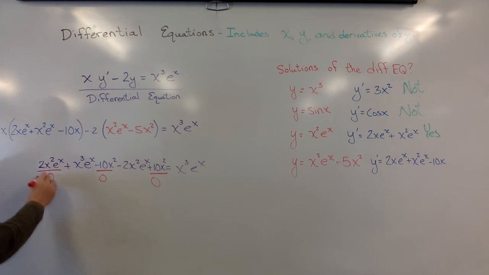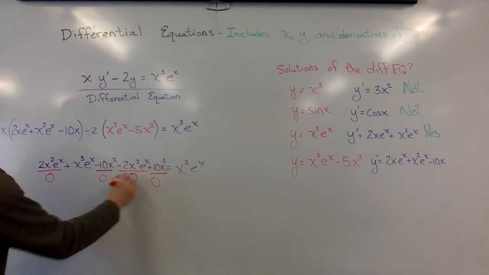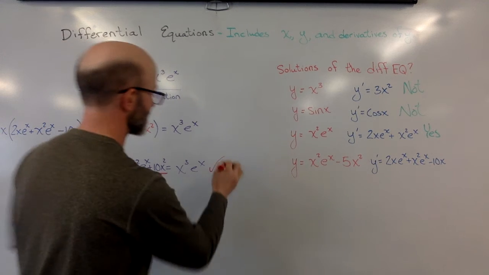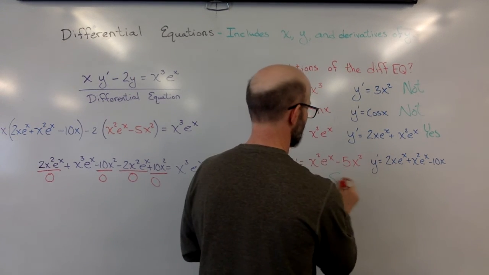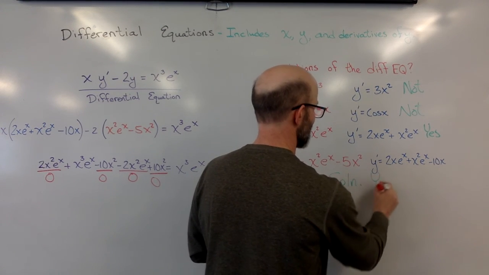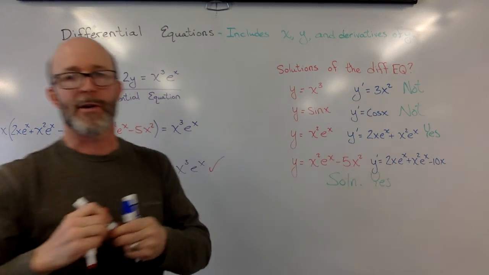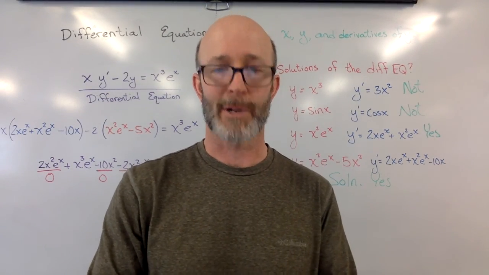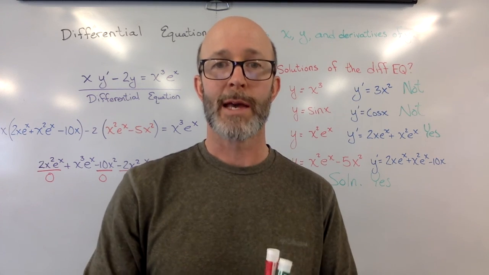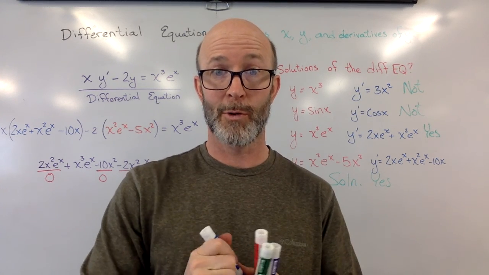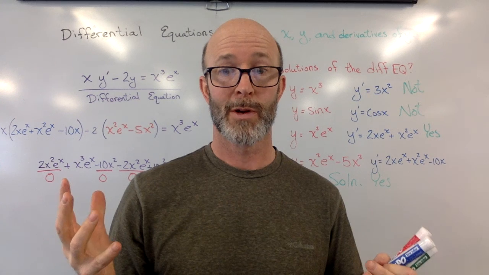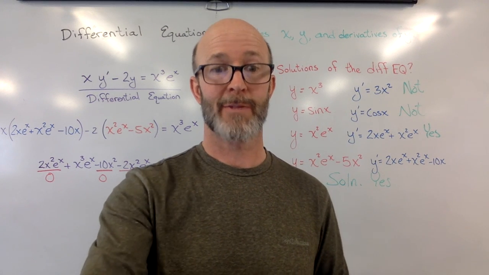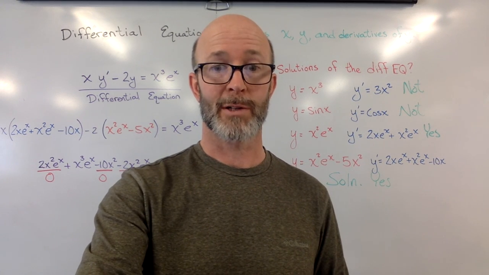Positive 2x squared e to the x and negative 2x squared e to the x equals 0. Oh my gosh, it's the same exact thing again. This is also a solution. Yes. There is more than one possible solution to some of these differential equations. So just if you get one, it's like when you take an integral, you can find a whole family of possible functions that might have existed from that one differential equation.